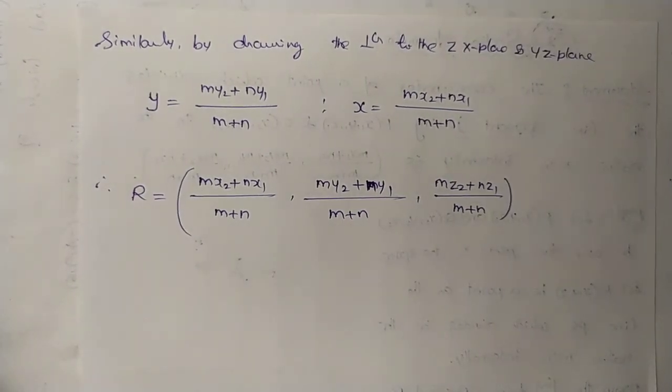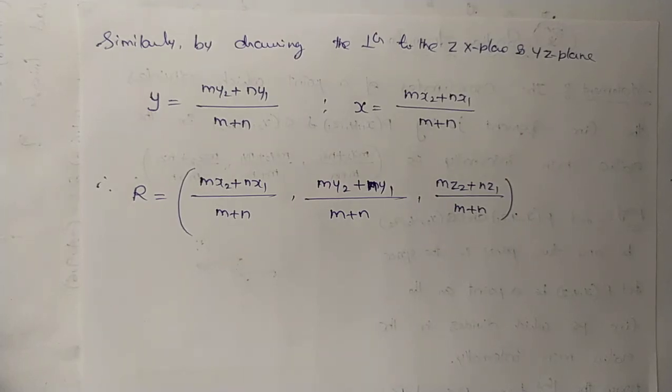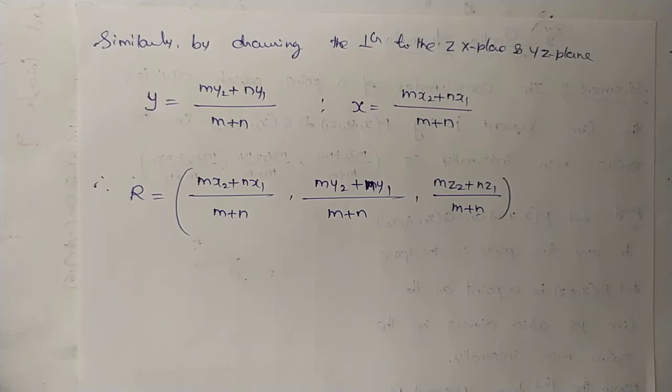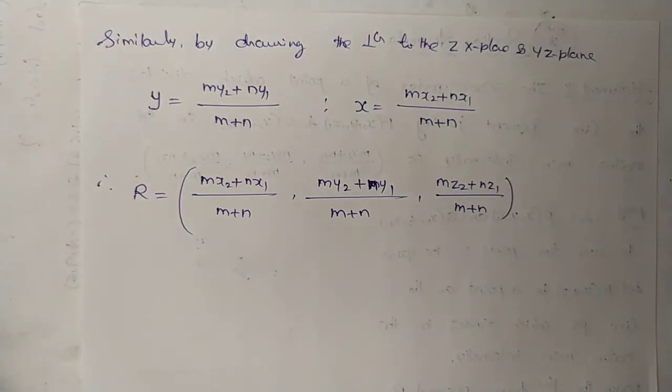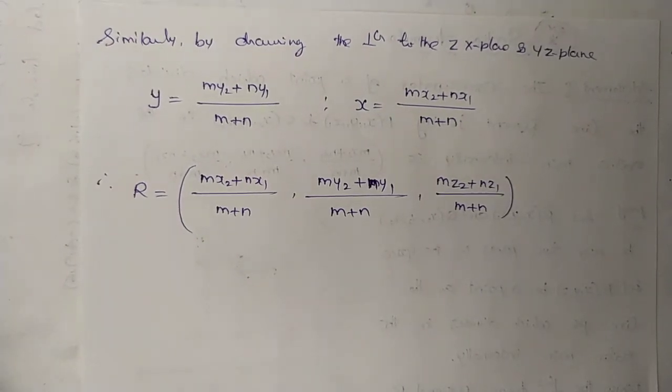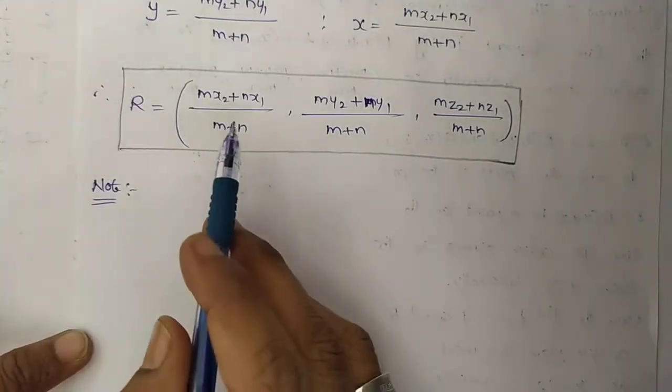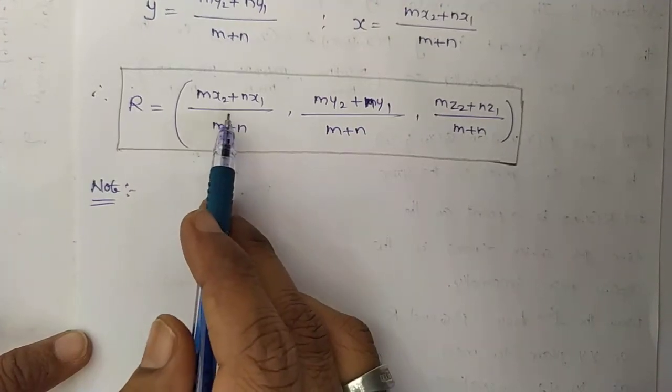Kindly make sure to practice at your home 5 or 6 times on a white sheet of paper. 100% you will get it. So based on this derivation, we will have some note points. Let us discuss. So we have proved the internal case.